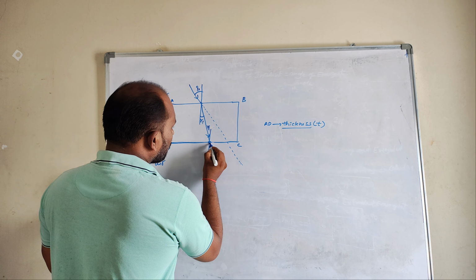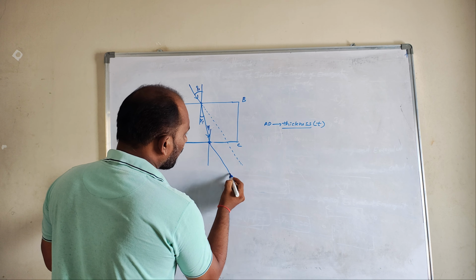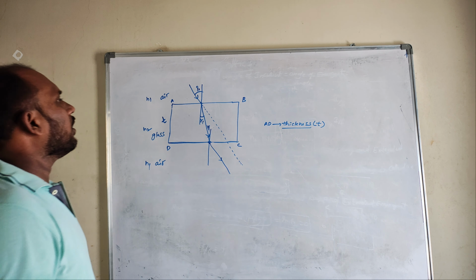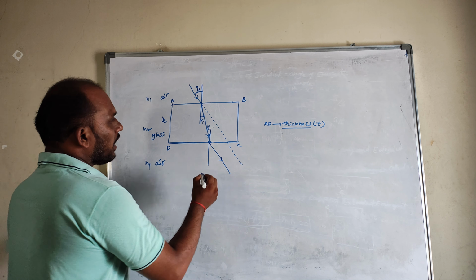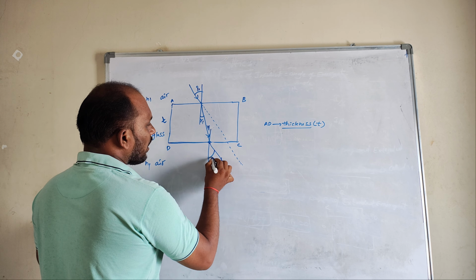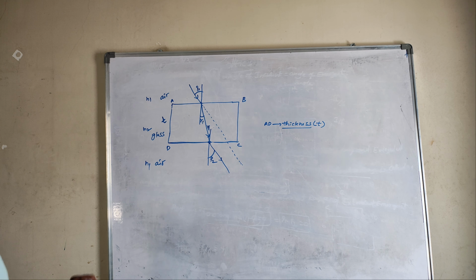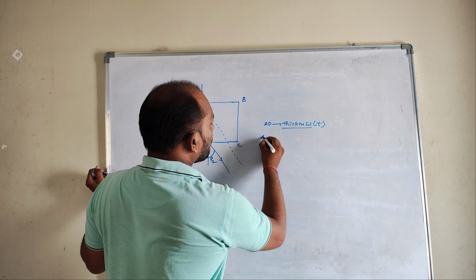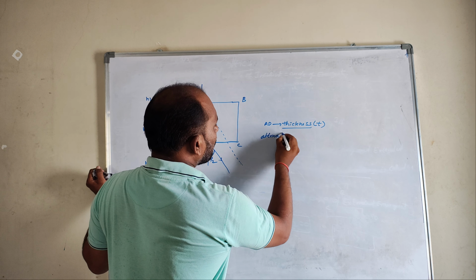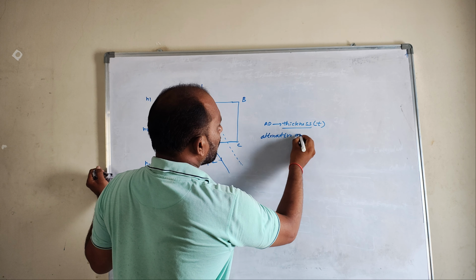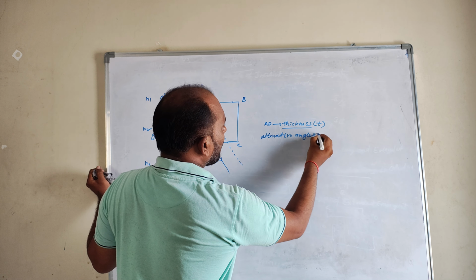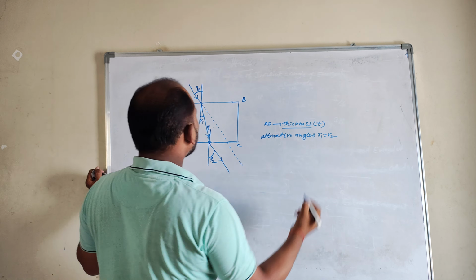Now we have to go to the emergent ray. So this is the emergent ray. The angle made here is I2. I want to prove that I1 is equal to I2. So according to alternate angles, R1 is equal to R2.